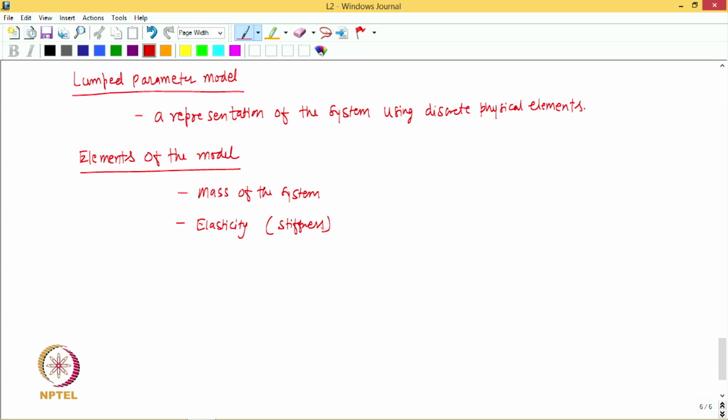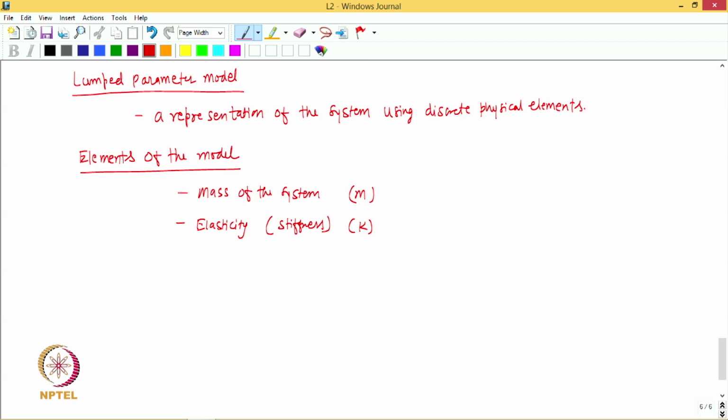Stiffness is the force per unit deflection, and this quantity captures the elastic property of the system. So, we need to describe the mass, and we need to describe the stiffness, represented by K.